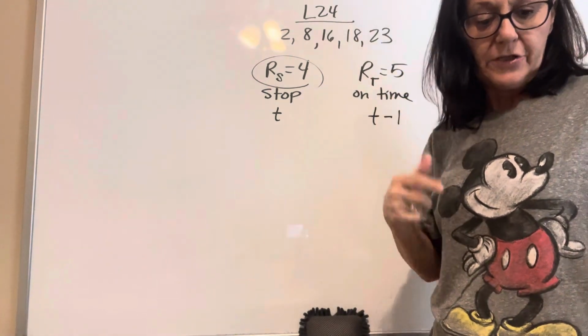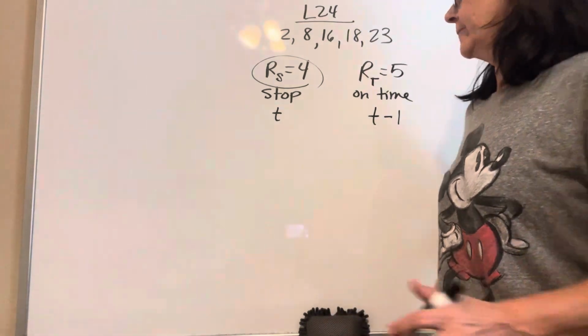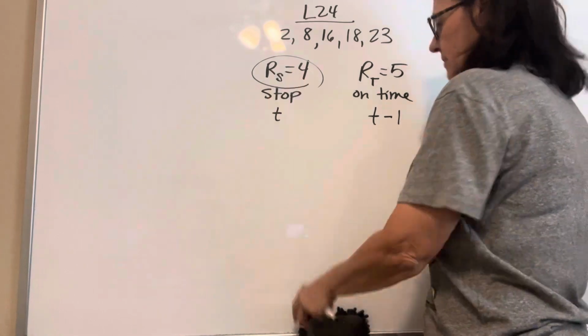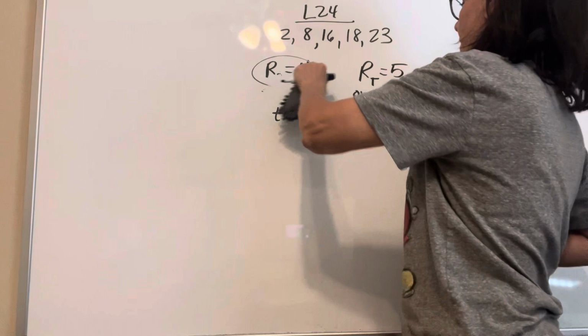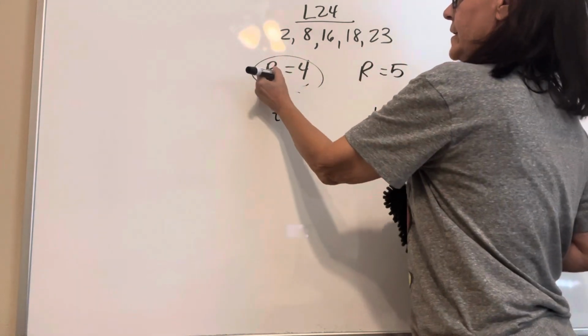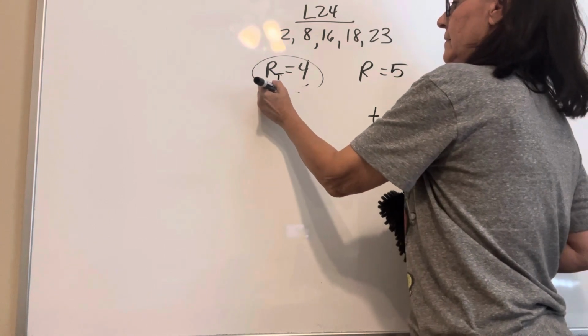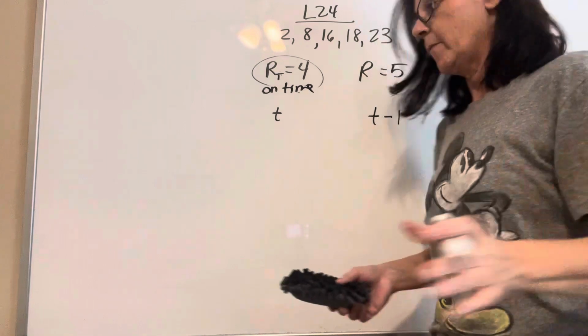All right, number 2 says, Henry can ride his horse at 4 miles per hour and get to the battlefield on time. So, this was no stop. This is on time, so just normal time, 4 miles per hour.